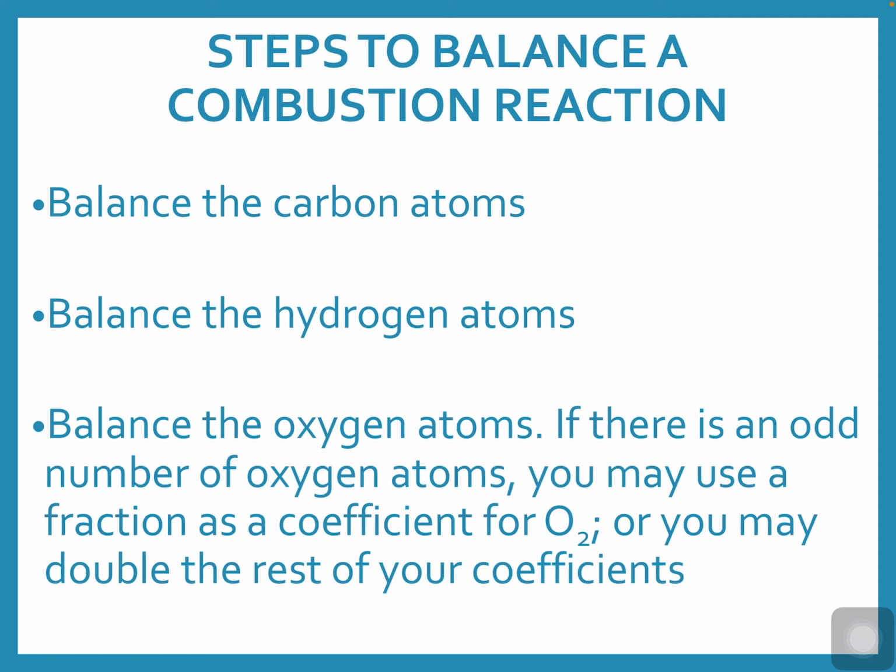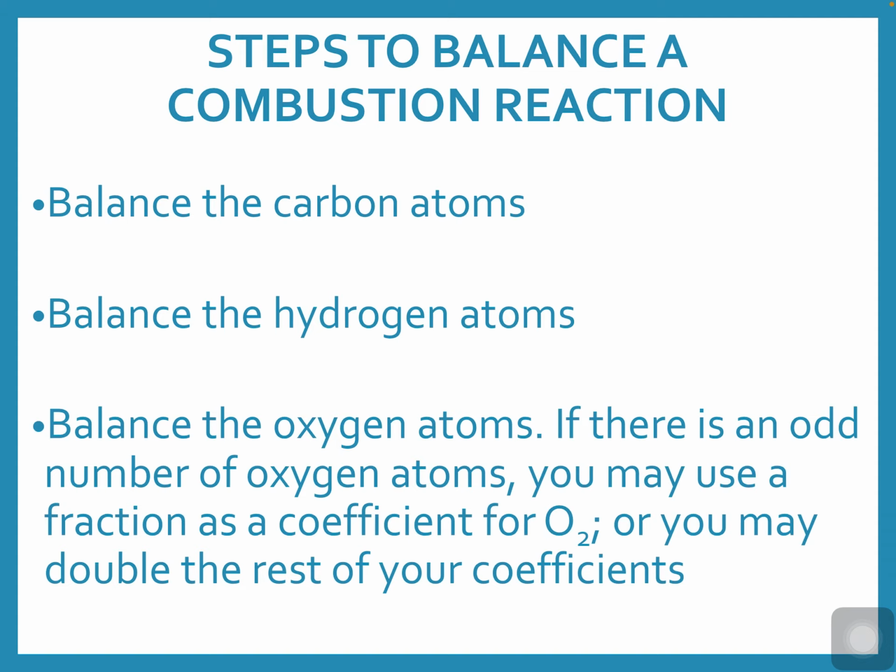So if we need 25 oxygen atoms total, that's 12.5 O2s, or we would just write it as 25 over 2. So this is the one place it's acceptable to have a fraction when you're balancing equations. If you don't like that, what you can do is double every coefficient you have and then balance your oxygen there.